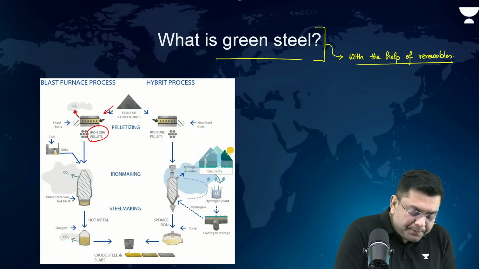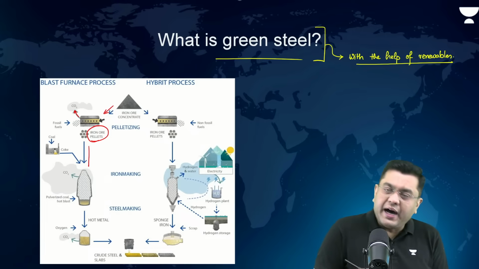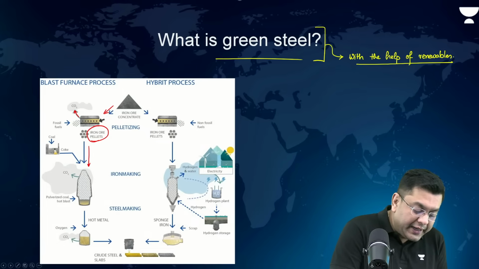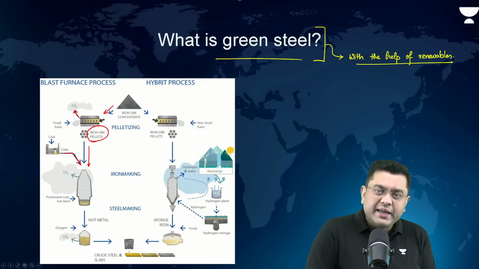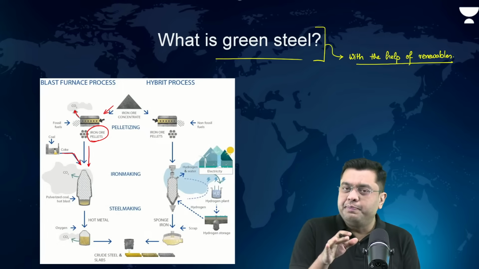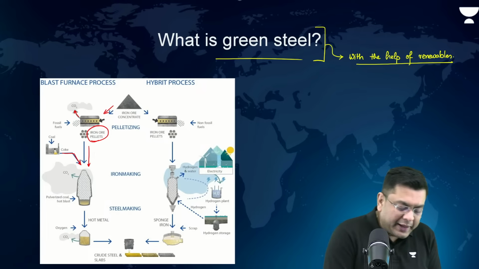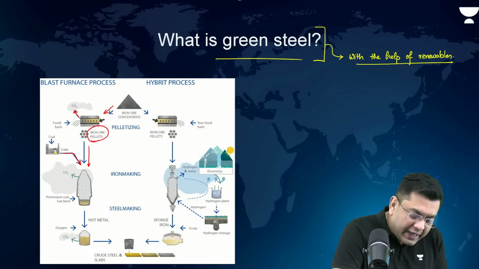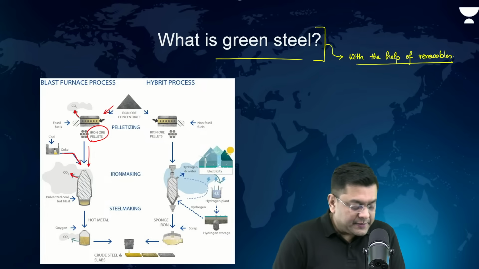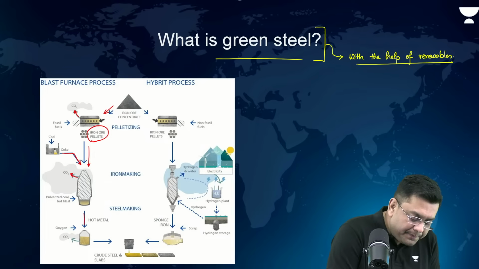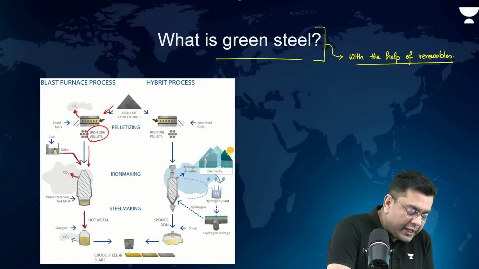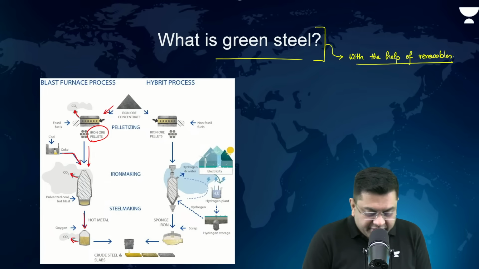After that, when it goes for iron making, coking coal is used in the blast furnace. The coking coal is pulverized in the blast furnace, high temperatures are attained, and then steel is manufactured. In this also, carbon dioxide is emitted. After that, with the hot metal, there also you have CO2 which is emitted.